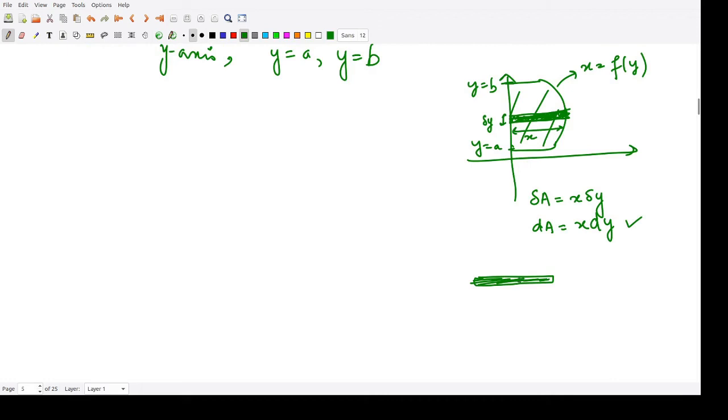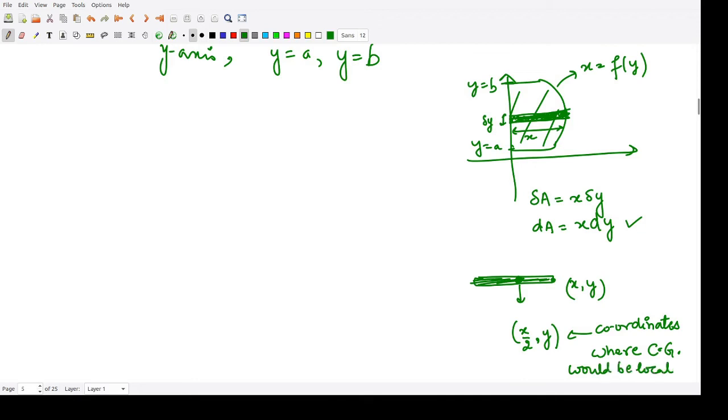So what would be the coordinates for the center of mass? The coordinate for this point would be, say, x comma y. Then the coordinates for this point would be x by 2 comma y. These are the coordinates where your center of gravity would be located, right?